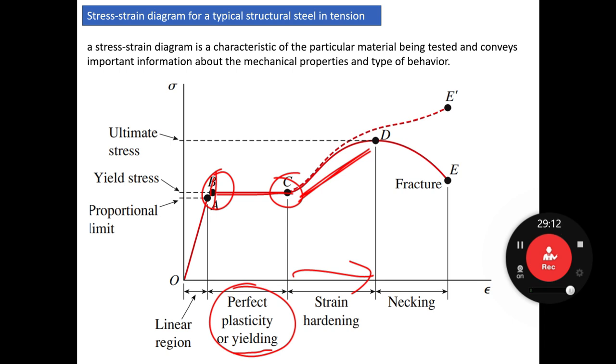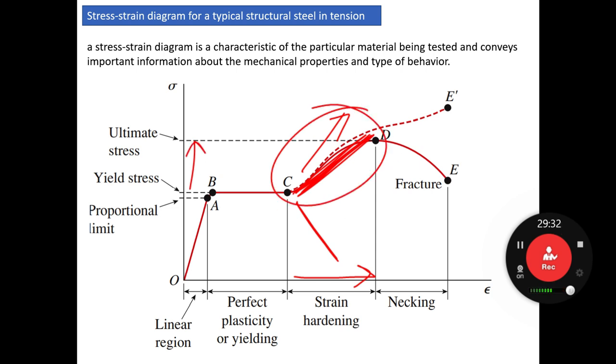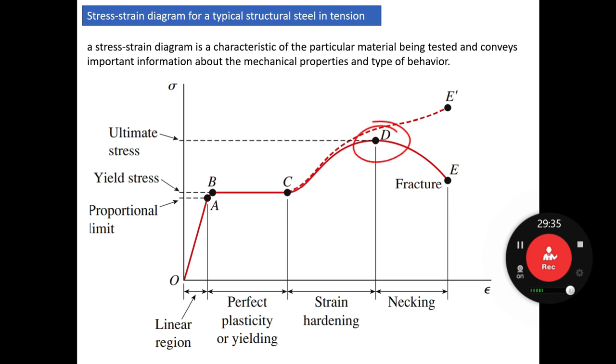of the strain. After that, we mentioned that there is a positive slope, because sometimes we can have a negative slope, and we said the reason for this positive slope is that the elongation that takes place requires more load in the specimen. So the stress is going to increase and we need a positive slope. After that, we reach point D, which is designated as the ultimate strength or ultimate stress of the material.